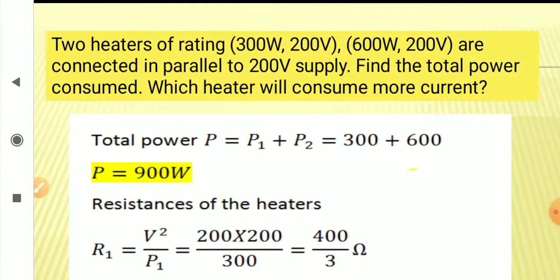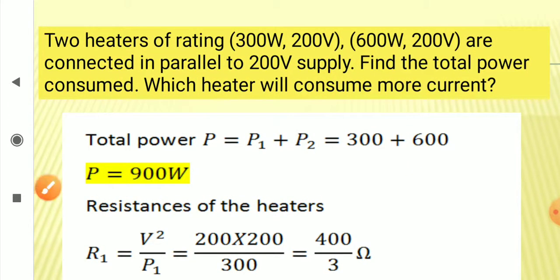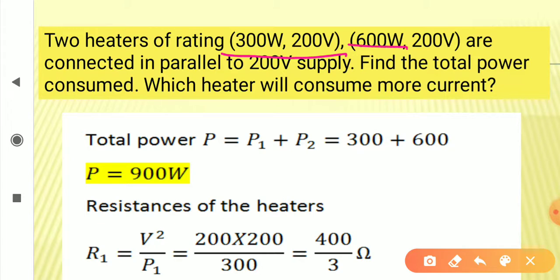A very interesting one. Okay, see. Two heaters of rating 300 watt, 200 volt and 600 watt, 200 volt are connected in parallel to a 200 volt supply. Find the total power consumed.